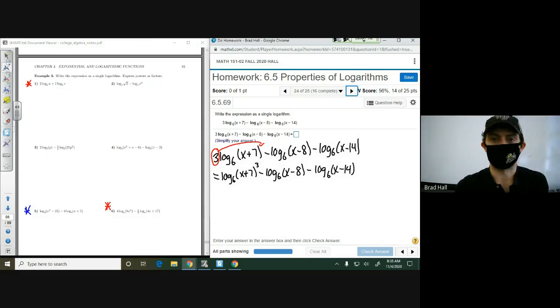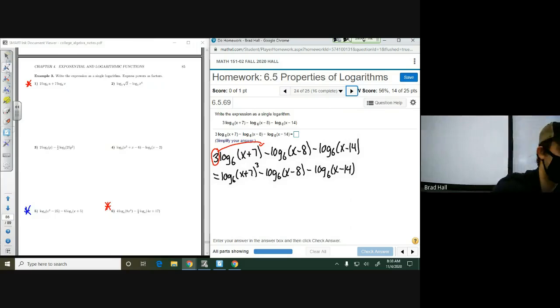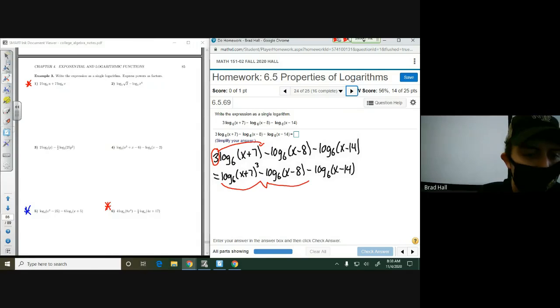And so now we can start combining logs. How do we combine 3 logs together? Well, we have to combine 2 logarithms together first, and then combine the third one last. So we're going to go ahead and combine these two together.